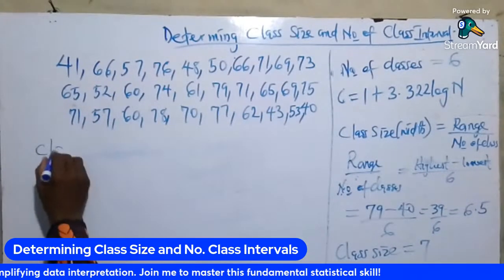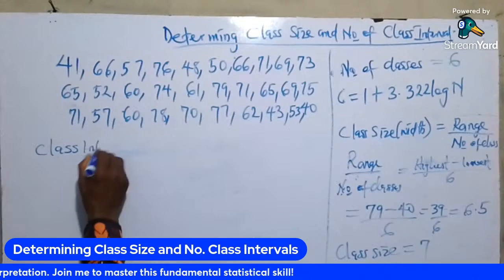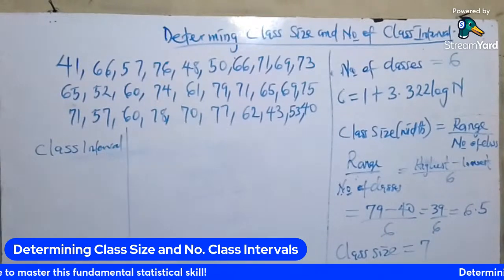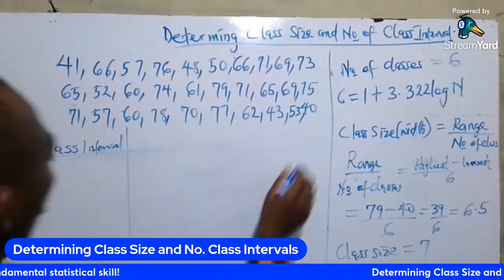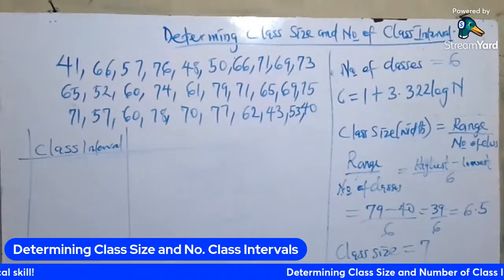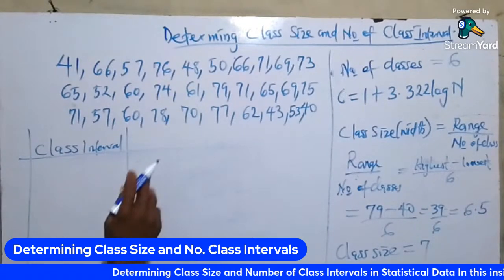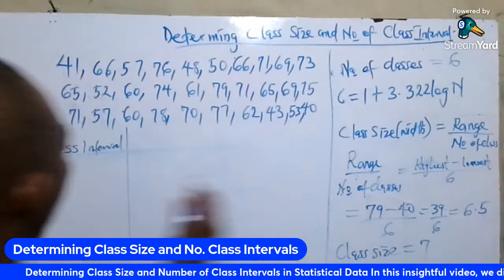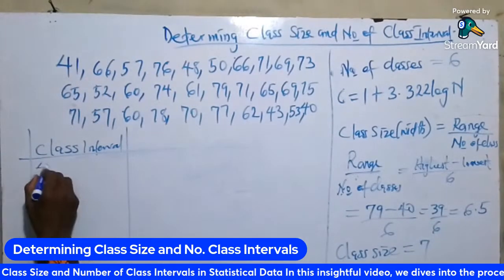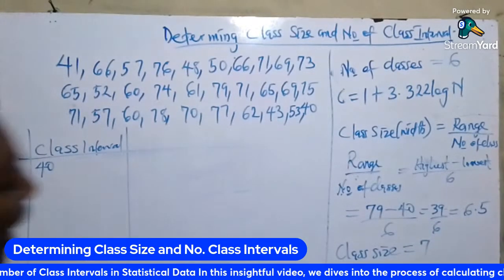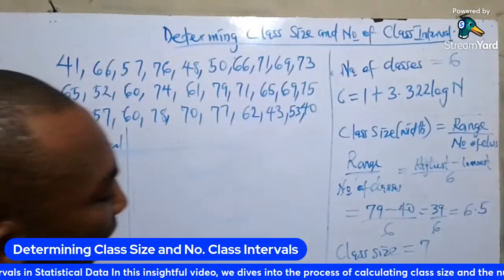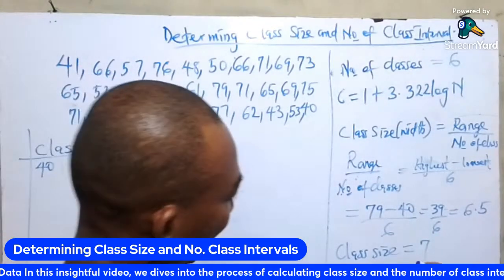So now we can say our class interval. We don't need anything else because we just want to determine the class interval. We have done all this before. So what's the smallest number? The lowest number is 40, and our class size is 7.